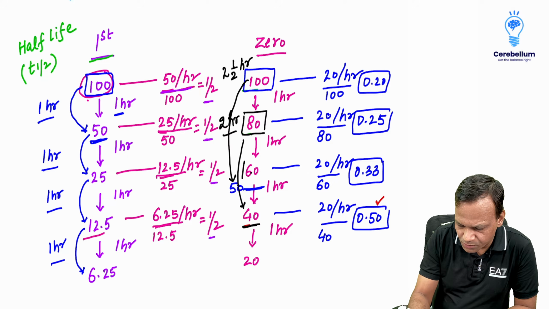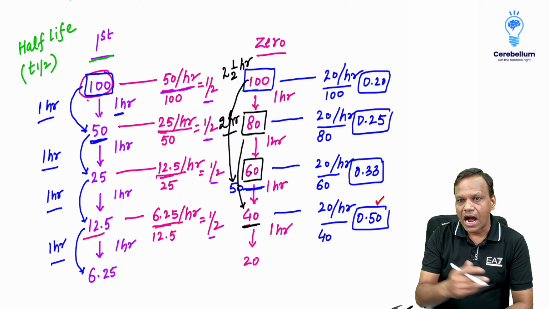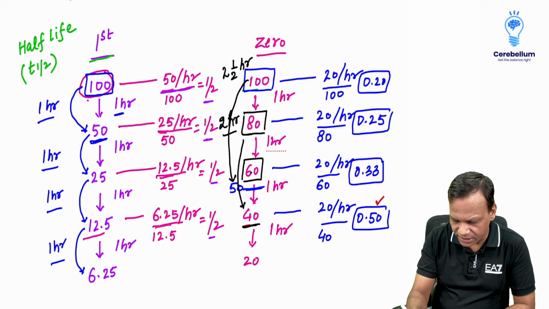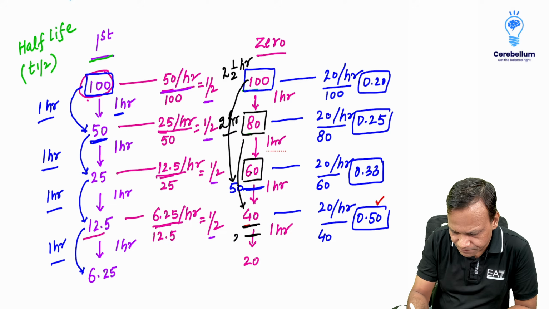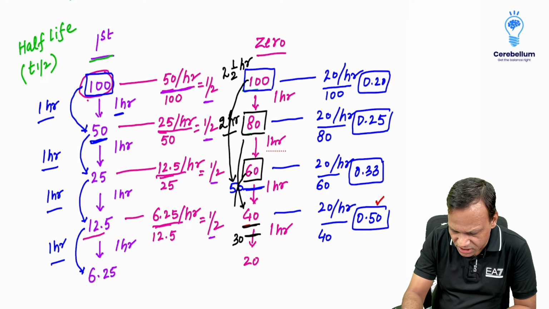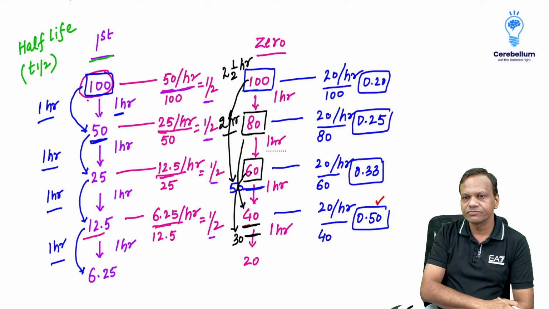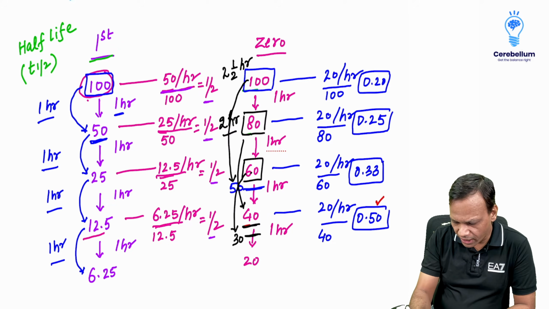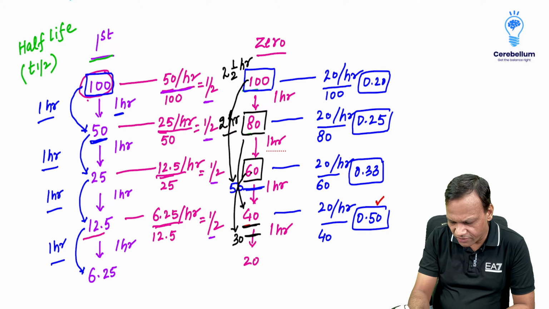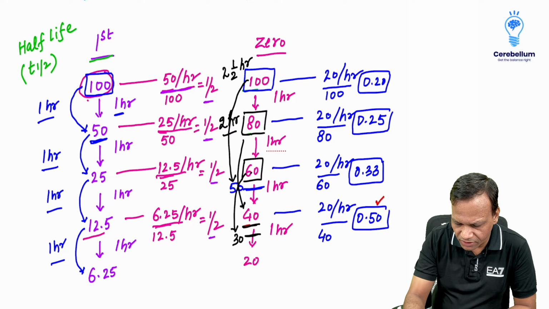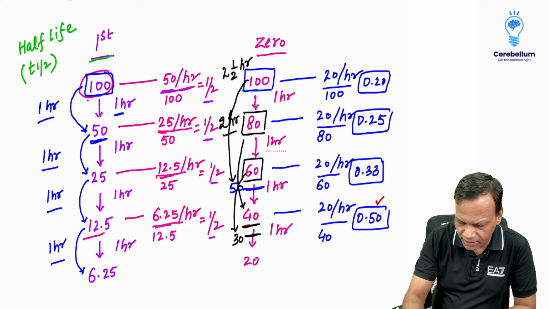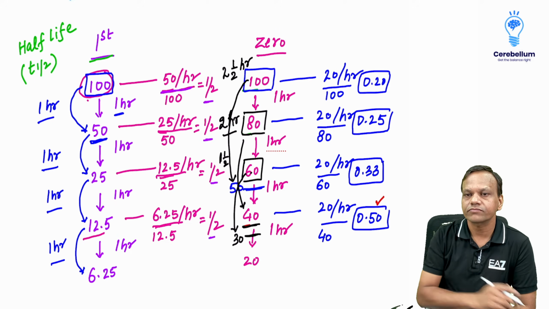Similarly, if we take this point 60, half of 60 is 30. So 30 is between 40 and 20 here. So time taken from 60 to 30 will be half-life. And how much time is taken? 1 hour from 60 to 40, half an hour from 40 to 30. So it will be 1.5 hours.